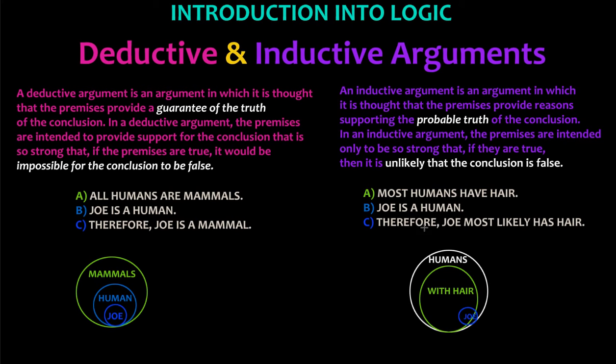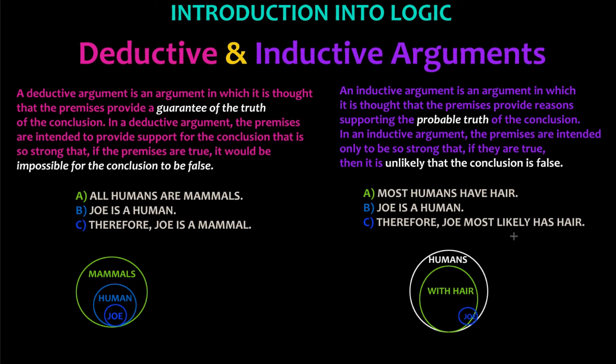We do know that if Joe is a human, and if most humans have hair, then he probably does have hair, but it's still possible he is within the non-hair component of the category of humans who don't have hair. So therefore, C, Joe most likely has hair. But we don't know for sure.